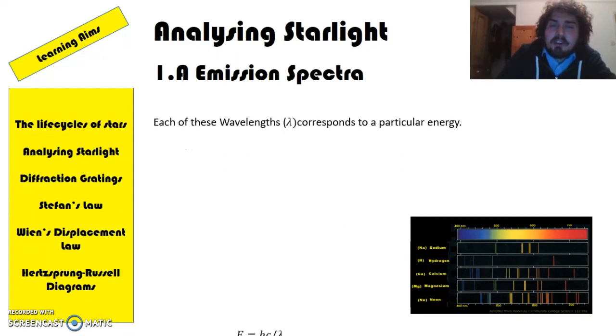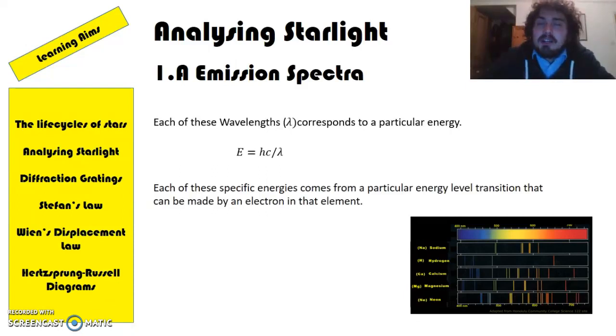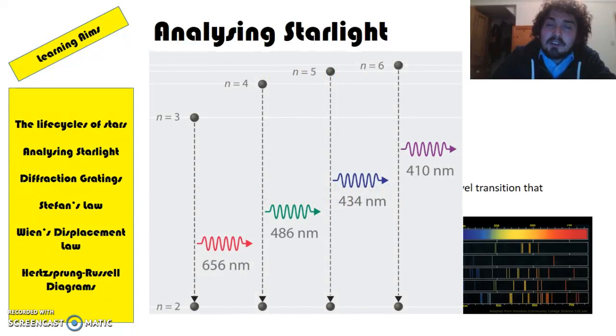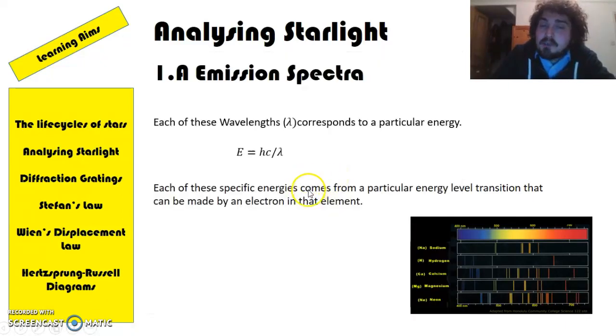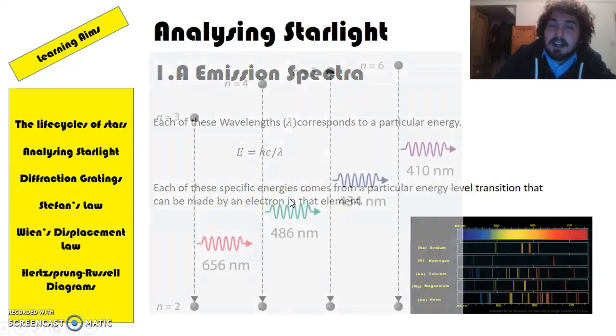Now in emission spectra, each of those wavelengths corresponds to a particular energy, according to the rule E equals hc over lambda, where h is Planck's constant, c is the speed of light, and lambda is the wavelength. Right? Now, each of these specific energies comes from a particular energy level transition that can be made by an electron in that element.